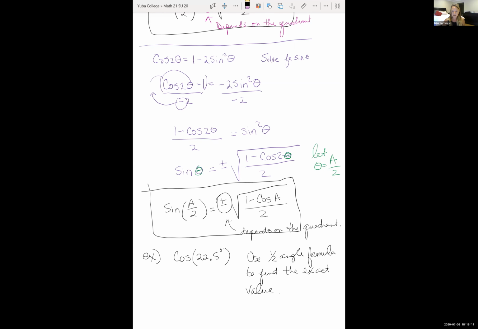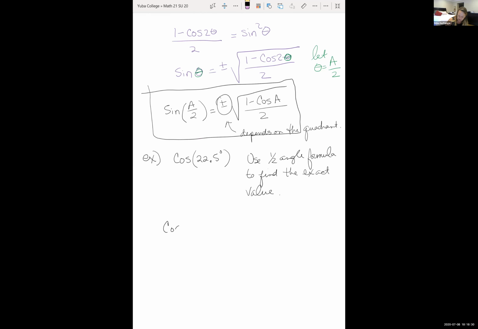We're going to manipulate this 22.5 to look like something that we know. We're trying to get a 2 in the denominator, and a numerator that we know how to evaluate. With these half angle identities, let's multiply this by a fancy 1, 2 over 2, for our argument. So this gives me cosine of 22.5 times 2, that's 45 degrees, all over 2.